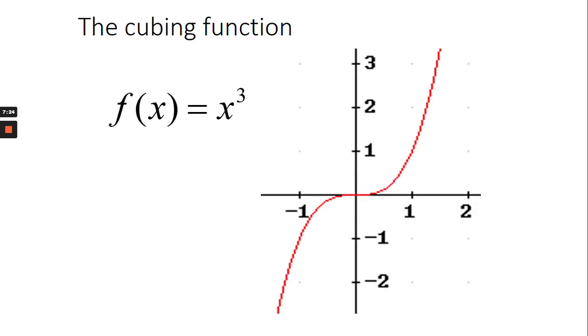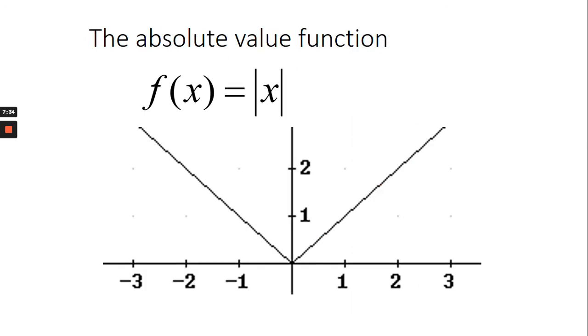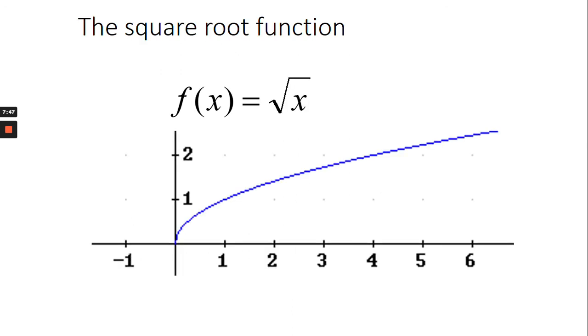Alright, for this parent function and its graph, the graph passes through the origin. Yes. For this particular parent function and its graph, the graph touches the origin. For this particular graph, for our parent square root function, the graph touches the origin.